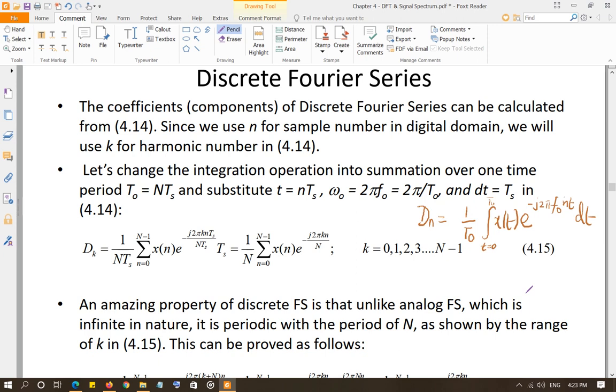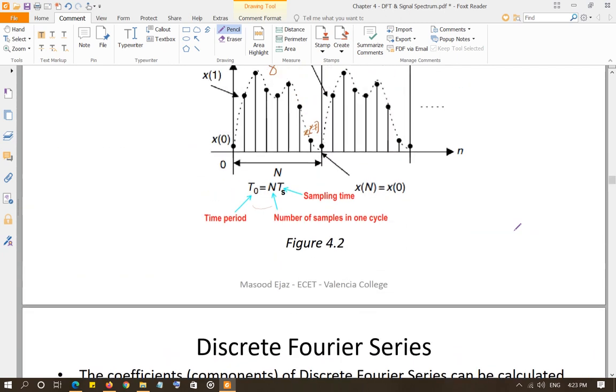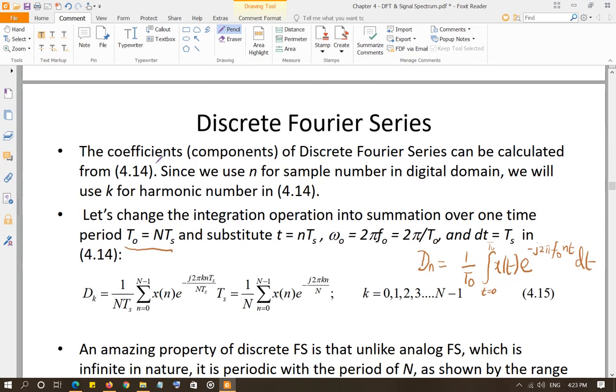Remember this is for the analog signal. If we convert this into the discrete domain, T0 is n times Ts. dt is the time between two consecutive samples, which is Ts, so dt is simply Ts.